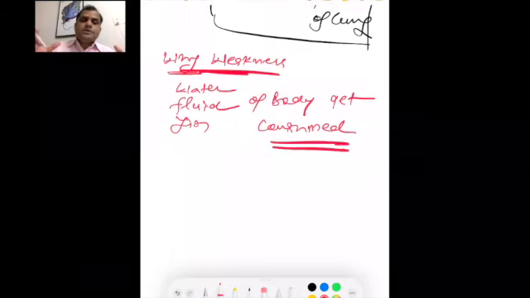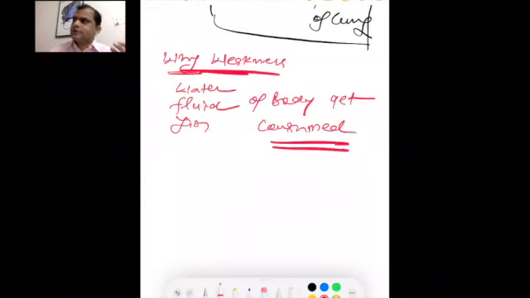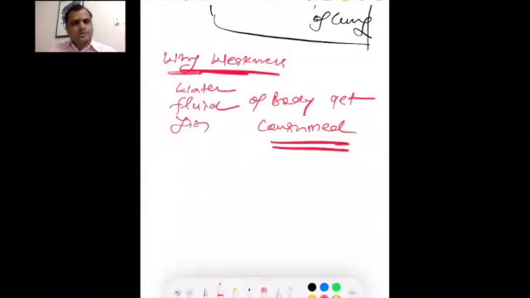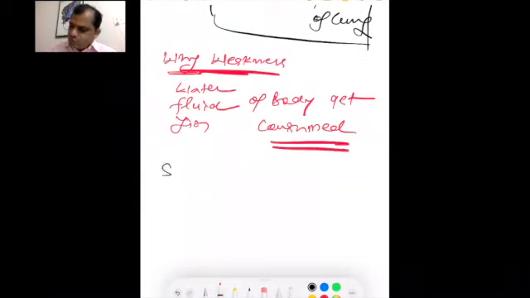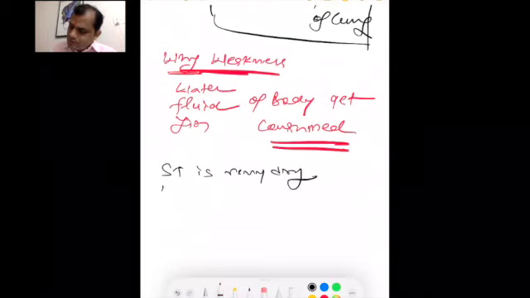Like we are having more than 70% water in our body, but after the recovery, we are having very much lesser water in our body. The stomach is very dry. The lung is very dry.